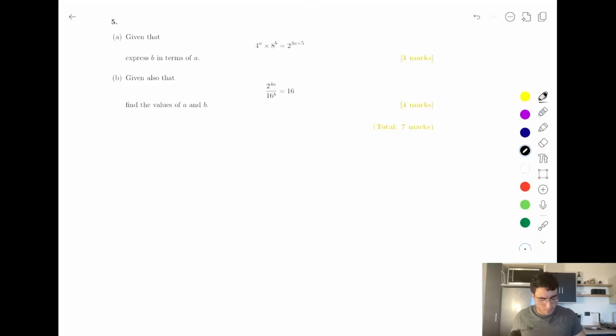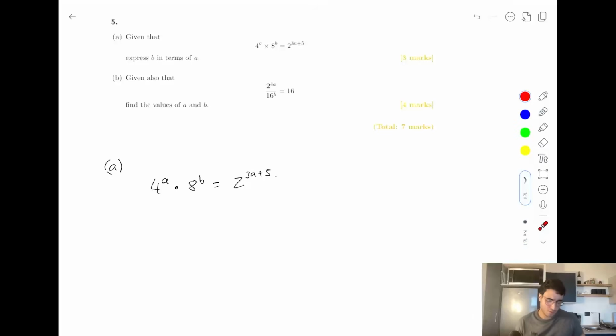So for number a, I've got 4 to the a, and we've got 8 to the b, equal to 2 to the 3a plus 5.